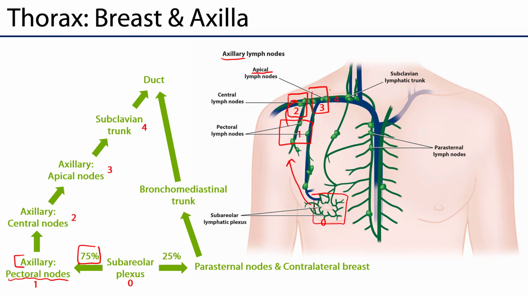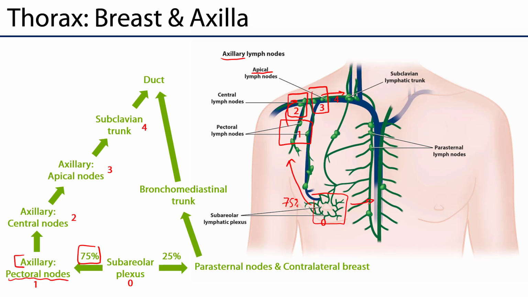From there, lymph is going to travel along the subclavian trunk, and then from the subclavian trunk, it will feed into either the right lymphatic duct, as shown here, or into the thoracic duct. But that's not the end of the story, so that's accounting for about 3/4 or 75% of the lymph.